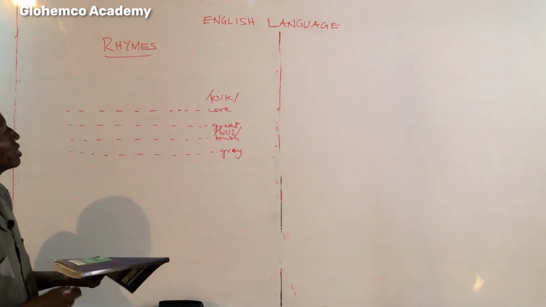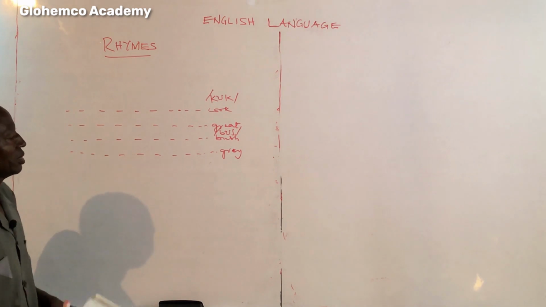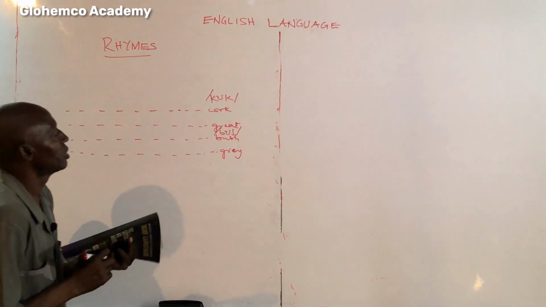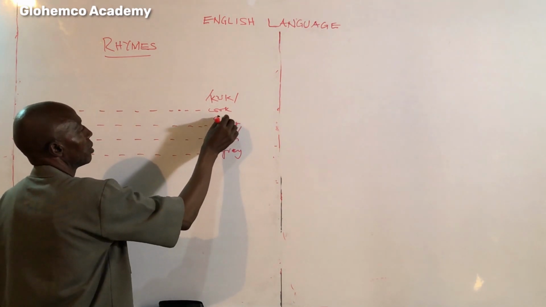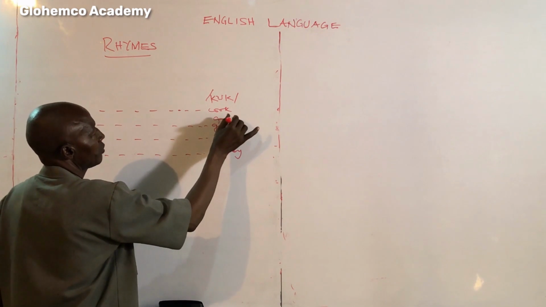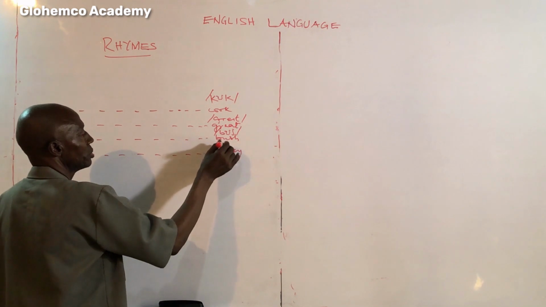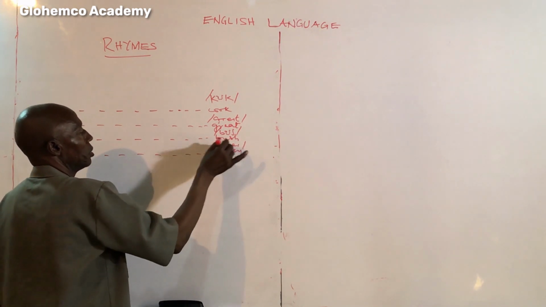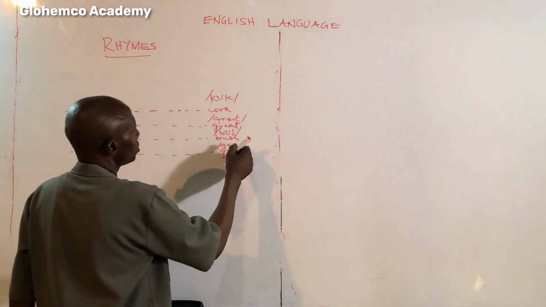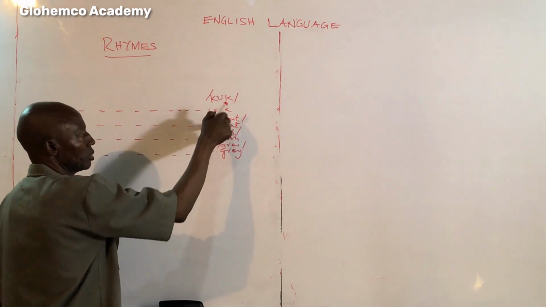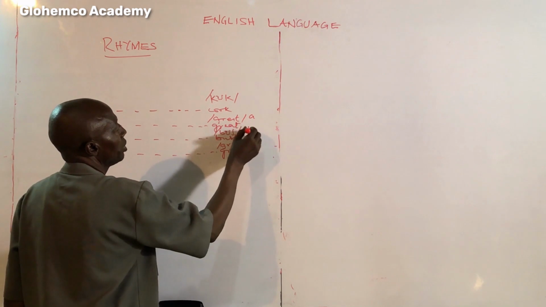In literature, we say the rhyme. Then, look at this one. This one is great. So you want to transcribe, you have this. And this one, green. You want to transcribe the rhyme. So these 2 words rhyme. In literature, we call it A, B.